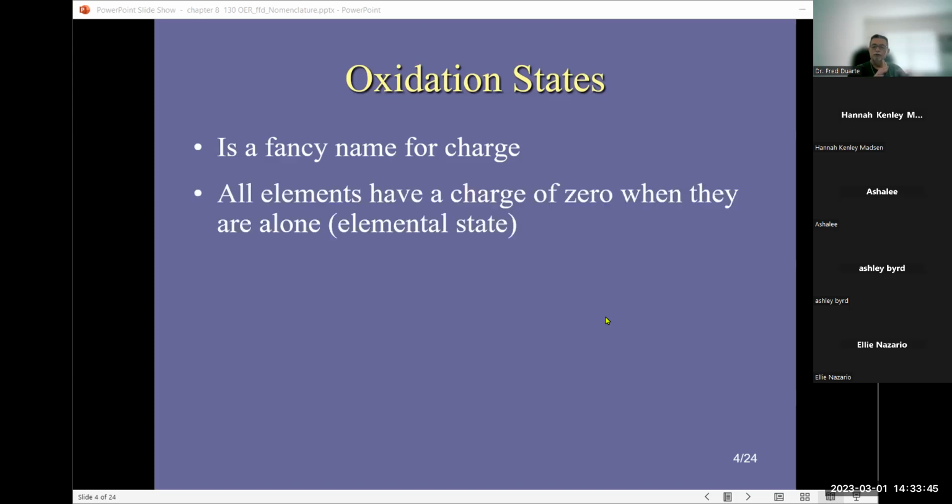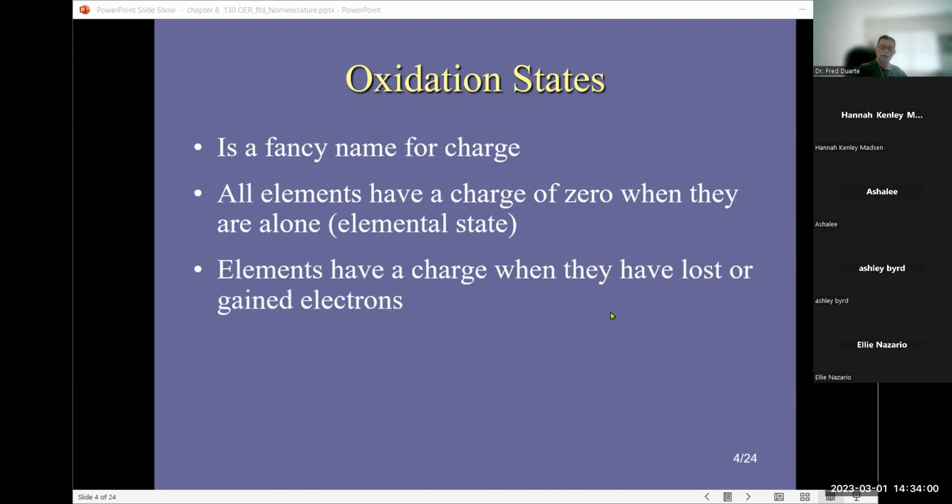All right, so all the elements have an oxidation state of 0. Why? Because they have an equal number of protons, an equal number of electrons. Okay. And once they lose or gain the electrons depending if they're metals or non-metals, then they change their oxidation number.